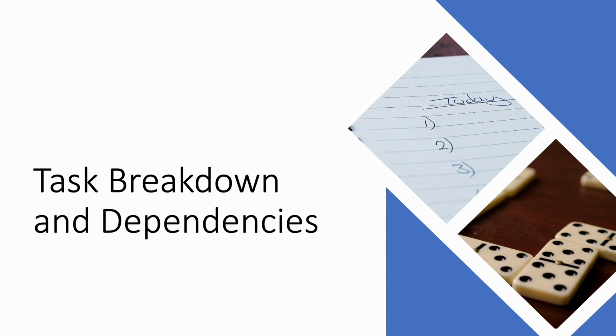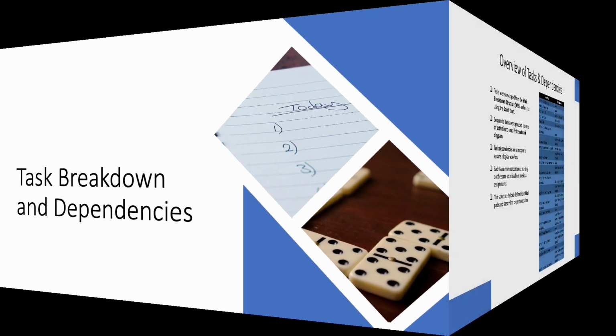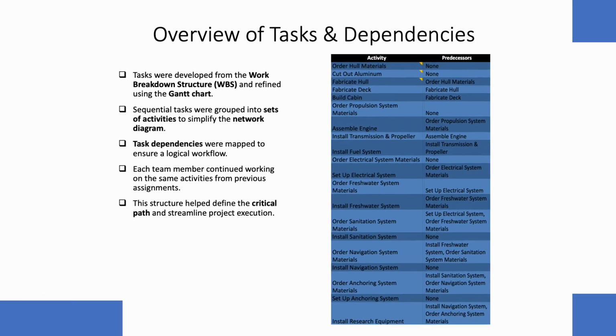Now we will go over the task breakdown and dependencies. The tasks for the Texas Wildlife Research Boat were developed based on our work breakdown structure and refined using the Gantt chart.